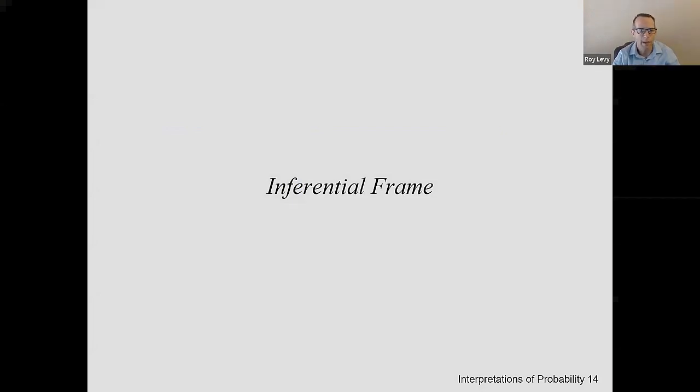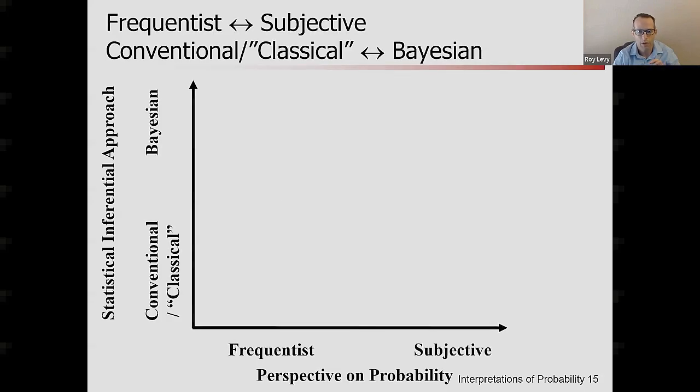Why am I taking the time to go through this? A couple of reasons. One has to do with the kind of statistical inferences or inferential frame we make or adopt. So here's a little schematic where along the horizontal axis, we have our two perspectives on probability.